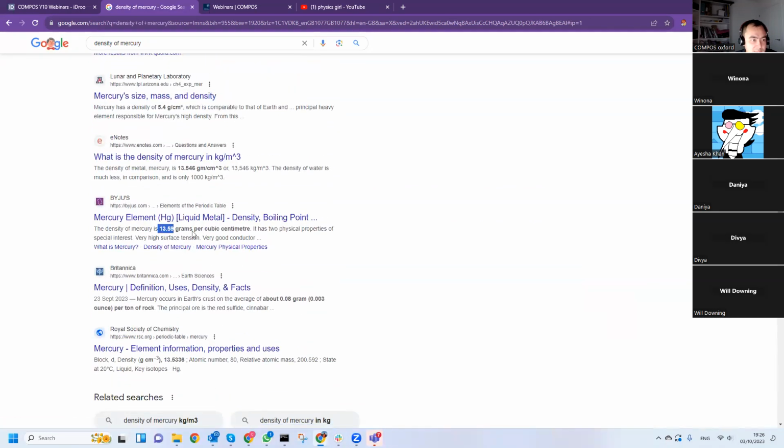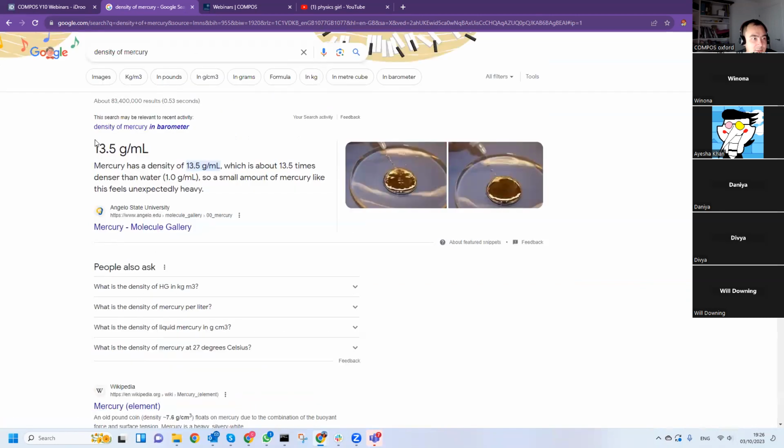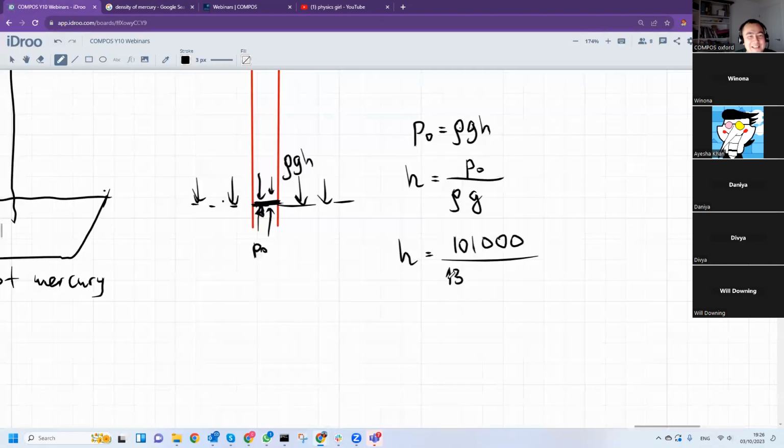Okay, 13.6, so it's 13,600 kilograms per cubic meter. And gravity is 9.81. So that is approximately 101,000 divided by 13,600 divided by 9.81, which gives us 0.757 meters, which is approximately 757 millimeters.